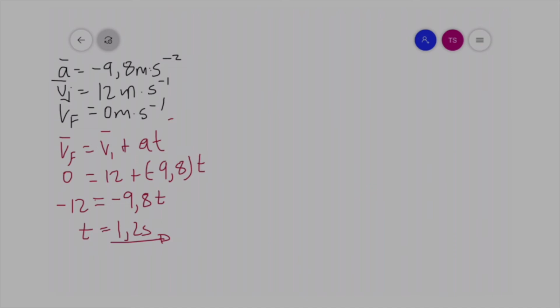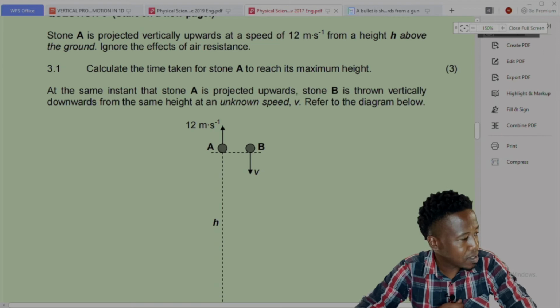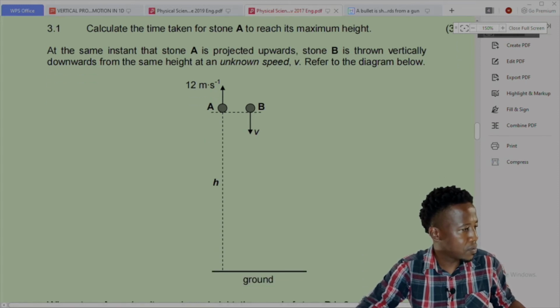This is 3.1. Let's go to 3.2. Let me just quickly go back and read the statement. It says, at the same instant that stone A is projected upwards, stone B is thrown vertically downwards from the same height at an unknown speed v. They say you must refer to the diagram below.